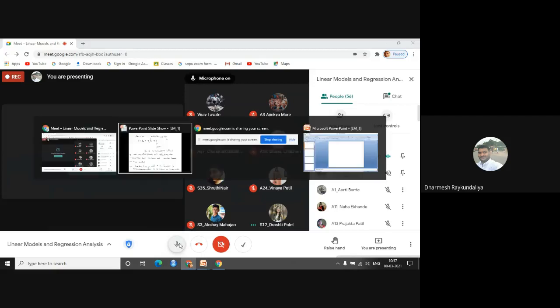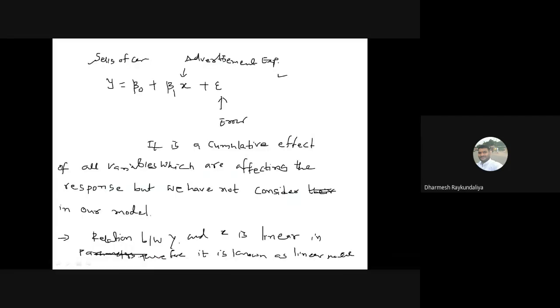So ultimately our aim is we wish to develop models. We know that events are happening around us and those events are due to certain causes. So in this semester, in linear models and regression analysis, we try to establish the relation between the events and the reasons of the events.